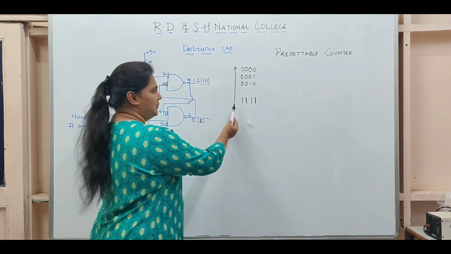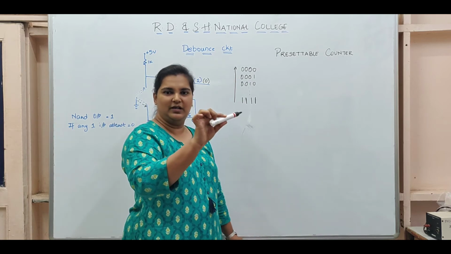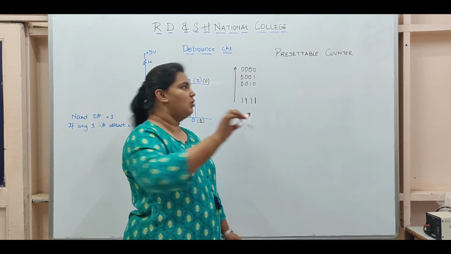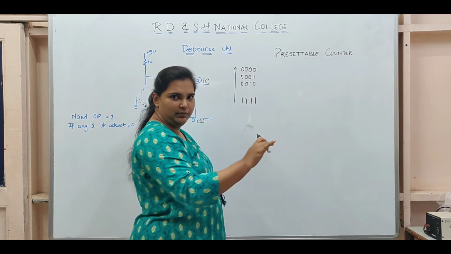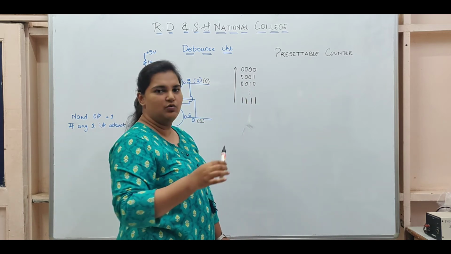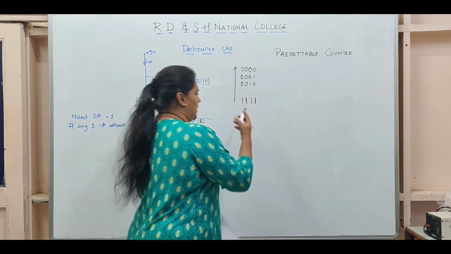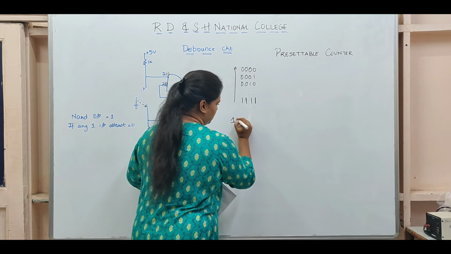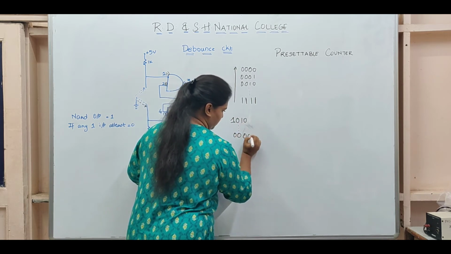So our presettable counter can work in both directions. We can also set the maximum value till where we want to go, that is from 0000 to whatever you want to count up to, or in the down count state, you can set where you want to start. I may want to start from some value, say 1010, and go down to 0000.